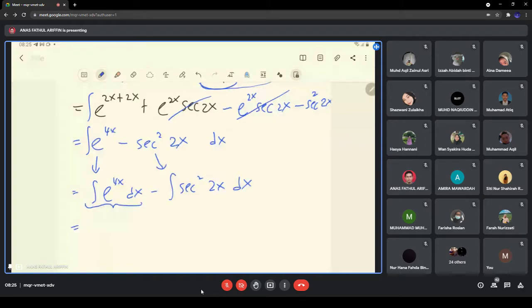Okay. So dia punya theorem dia akan dapat apa? Dapat e power of 4x and then bagi dengan a dia. A dia berapa? A dia 4. And then minus. Kita nak integrate second square 2x. Tengok balik formula trigonometric functions. Okay. Dia punya theorem dia punya properties dia for integration for trigonometric functions. So we have dapat apa?